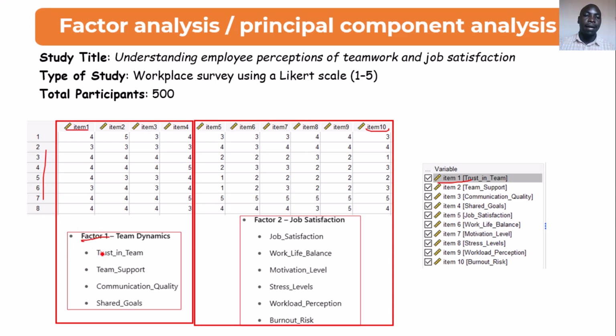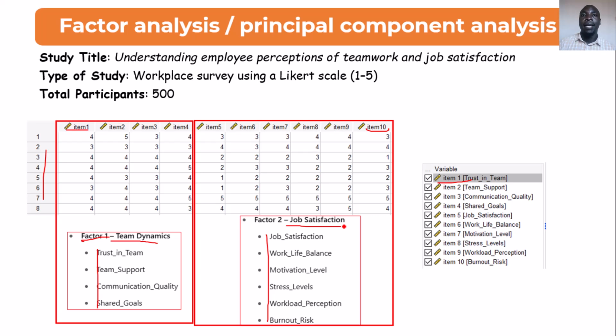Factor 1 having 4 variables, and factor 2 having 6 variables. Factor 1, we gave it a name as team dynamics, whereas factor 2, that's the job satisfaction. So the common factor analysis, or the principal axis factoring, the way it is called in SPSS, ends here at just establishing for you those underlying structures.